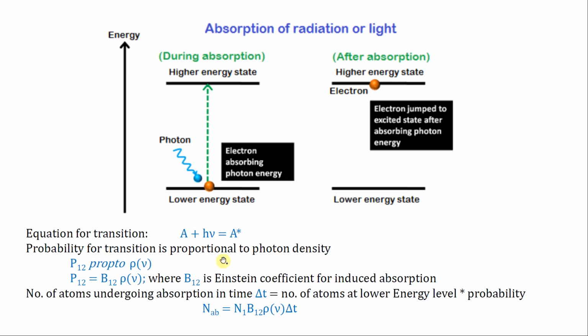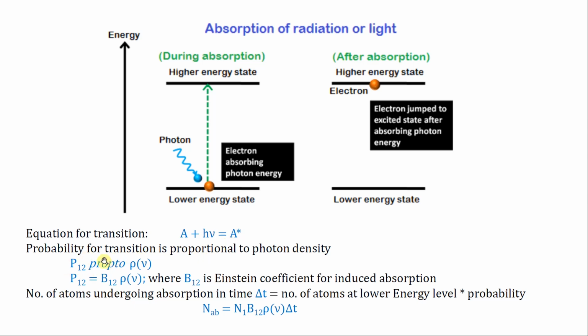Now the probability for this transition to occur from low energy state to high energy state is going to be proportional to the photon density, because the photon plays a major role here. The photon is being absorbed by the atom, then only it is able to go to the higher energy state.